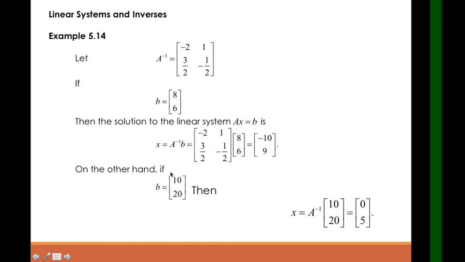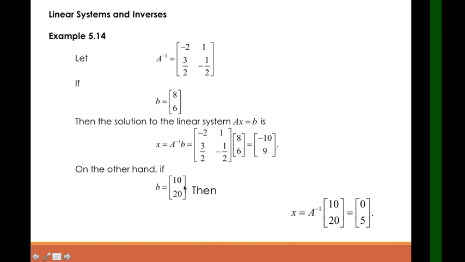On the other hand, if B is equal to... So therefore, sinasabi dito that AX equals B. Possible ba? X is equal to A raised to negative 1, B.